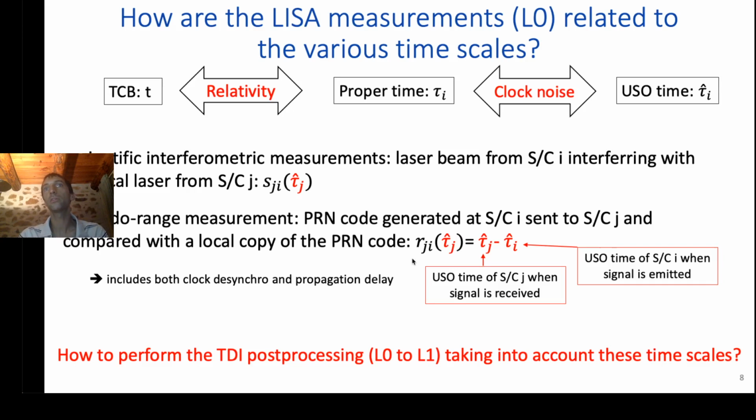So this quantity RGI here, which has the pseudo ranges, include actually both information related to the clock desynchronization and the propagation time of the photon between the two spacecraft.